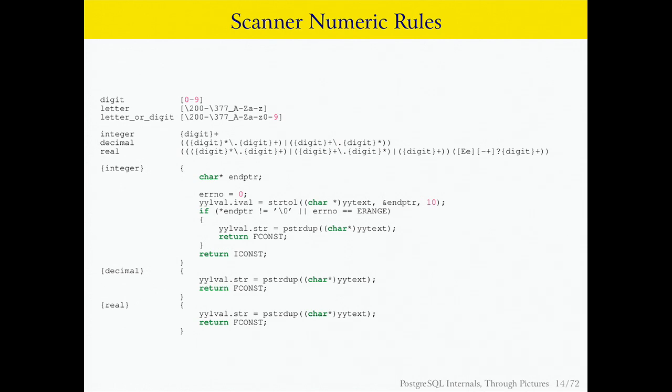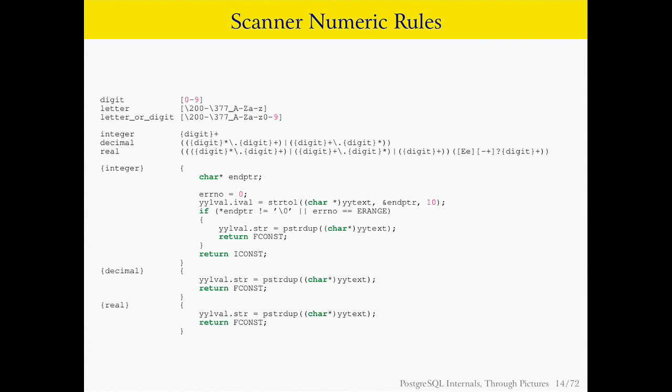Here's the pattern for letter, which we used right here. This letter pattern is actually listed right here with the list and the underscore. Letter or digit, again, very similar. Here's an integer, which is a digit followed by more digits. Pretty easy to understand. Decimal and real are pretty hairy because you've got exponents on the end and all that other weird stuff.